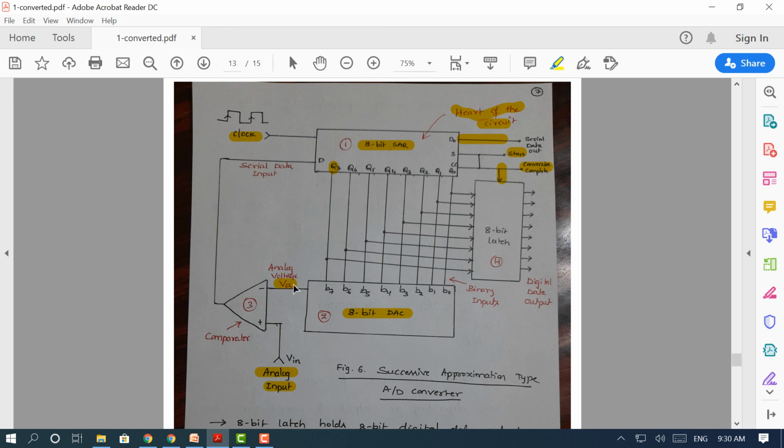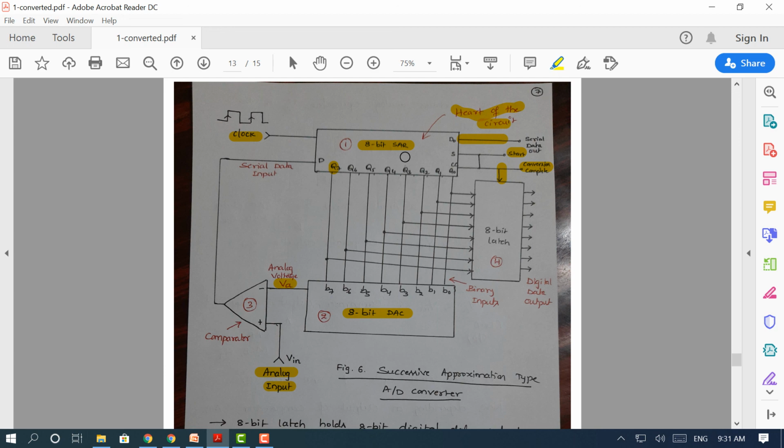When VA is less than Vin, the output will be at plus Vsat. When VA is more than Vin, the output will be at minus Vsat. The comparator output will set or reset the data going to the 8-bit SAR.